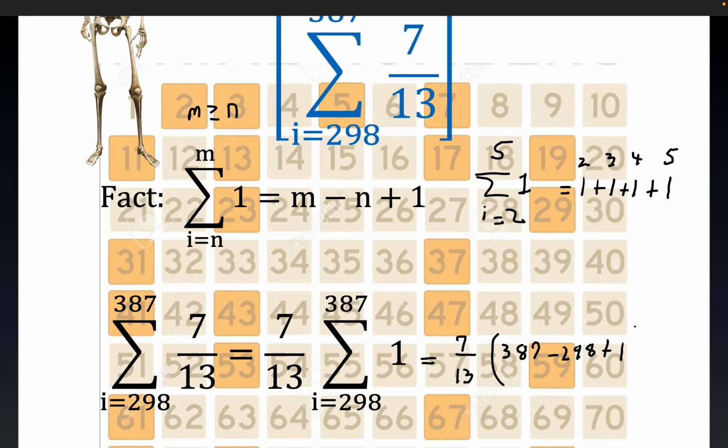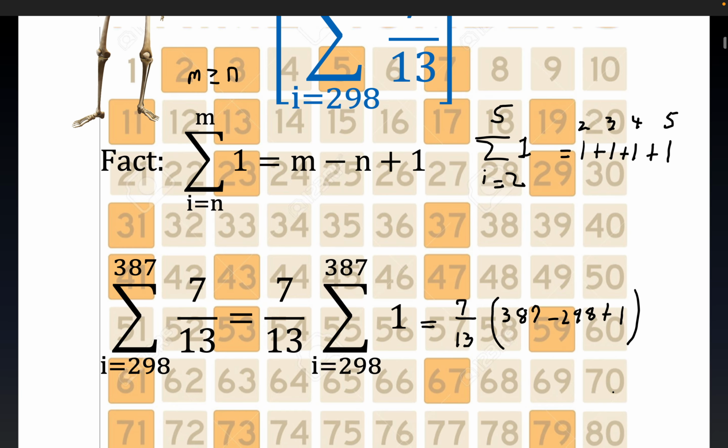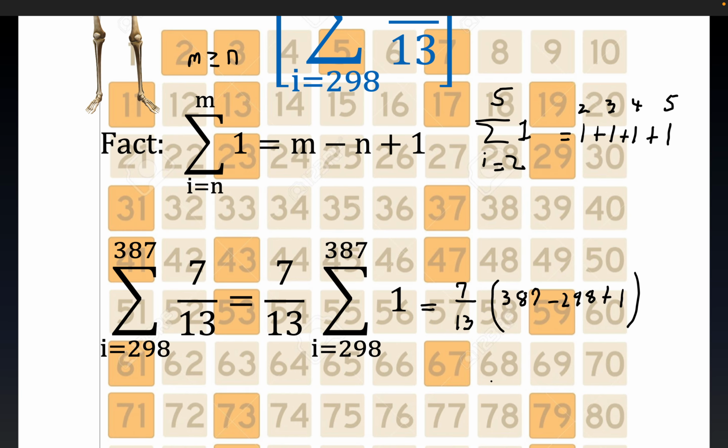If you have experience with this, you don't need to go through all of this. But this is the very same thing as 7/13 times 90. And that's what, 630? 630 over 13.